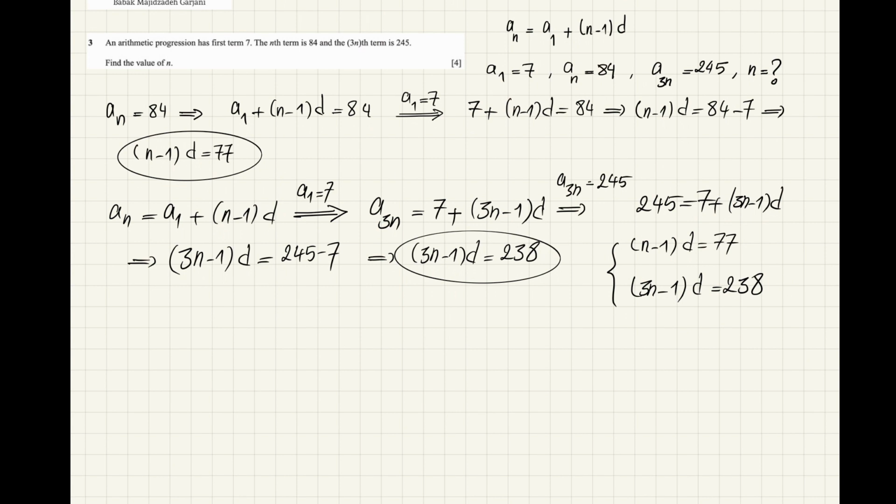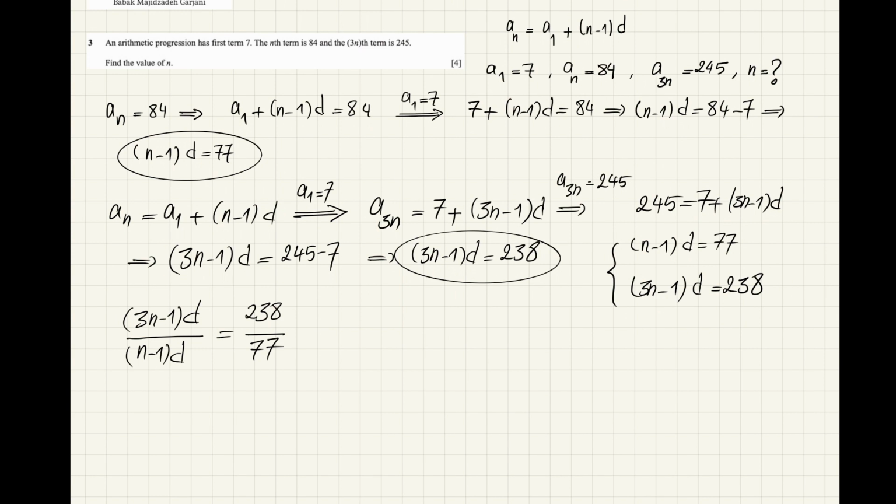Okay, so let us just do that. I would write 3n minus 1 d divided by n minus 1 d. On the right hand side, I would write 238 divided by 77.